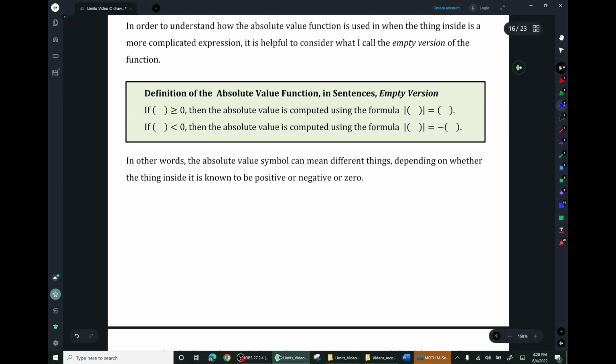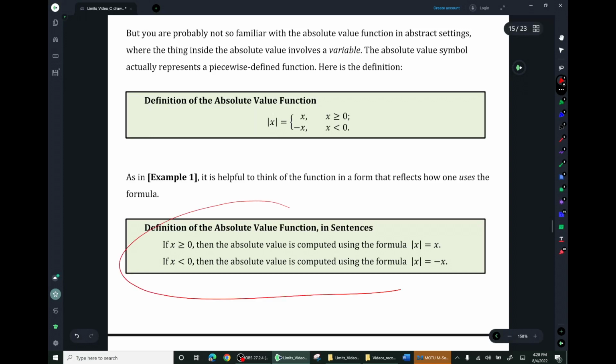Now, in order to understand how the absolute value function is used when the thing inside is a more complicated expression, it's helpful to first consider what I call the empty version of the function. So here's the definition of the absolute value function in sentences, the empty version. In this version, I've simply replaced all of the x's with empty parentheses.